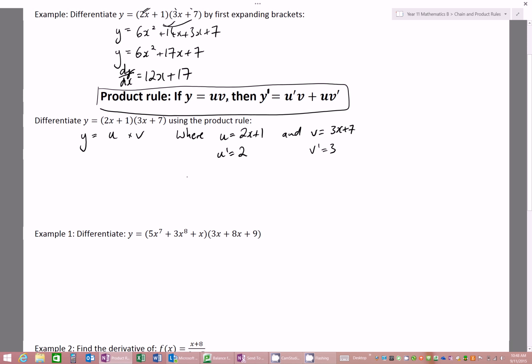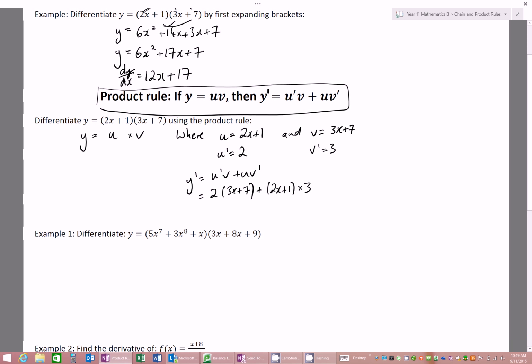So I can find the derivative. y dash equals, once I've got this grid of 4 things, it's just about selecting the appropriate function or derivative. u dash is 2, v is 3x plus 7, and then multiply together, plus u, which is 2x plus 1, times v dash, which is 3.